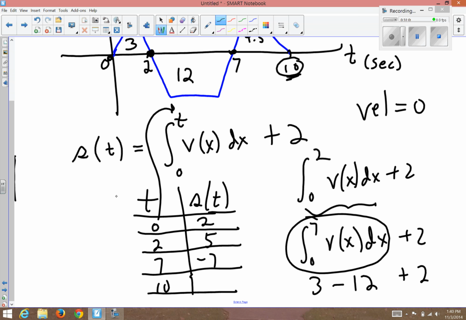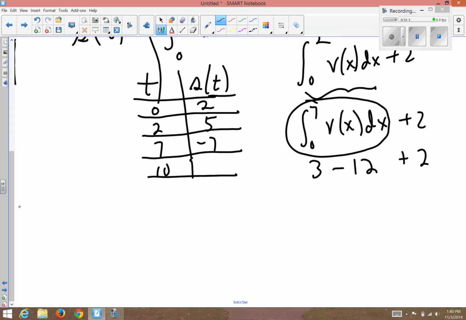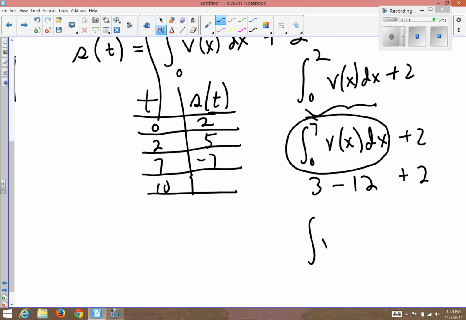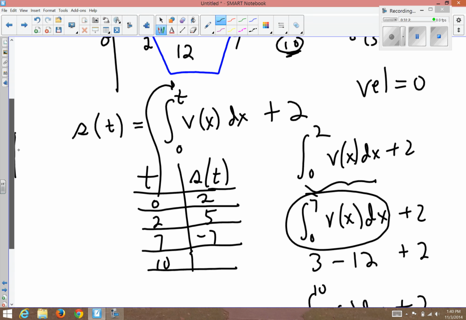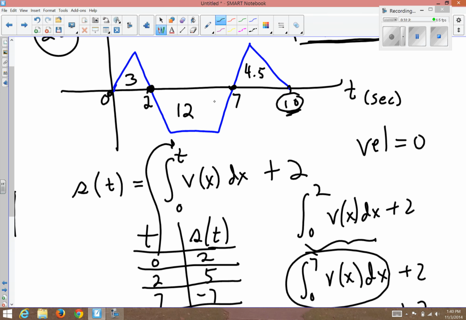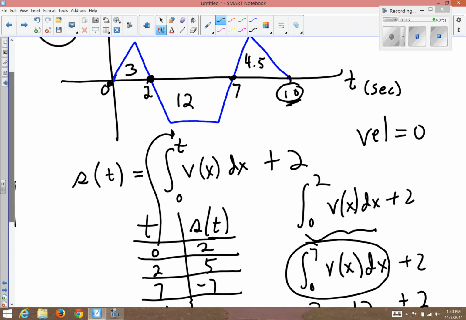Then put a 10 where the t is. The integral of the velocity from 0 to 10. Don't forget that at the end. The integral from 0 to 10 of the velocity graph is 3 minus 12 plus 4.5.